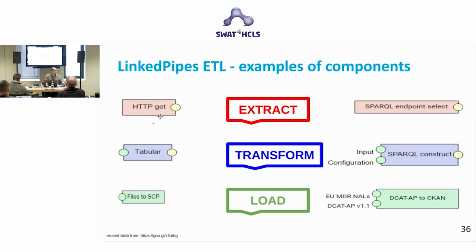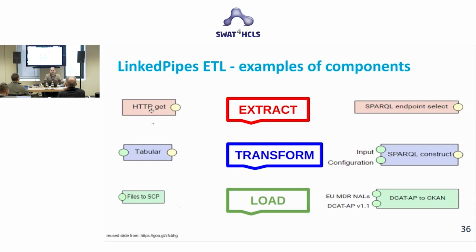The extract nodes are already pieces of software or of a script that performs the function of getting the data from somewhere. Okay? So here we have an example of a node called HTTP GET. That means you will be able to give a URL to this node, and it will download the file to the place where your pipeline is.